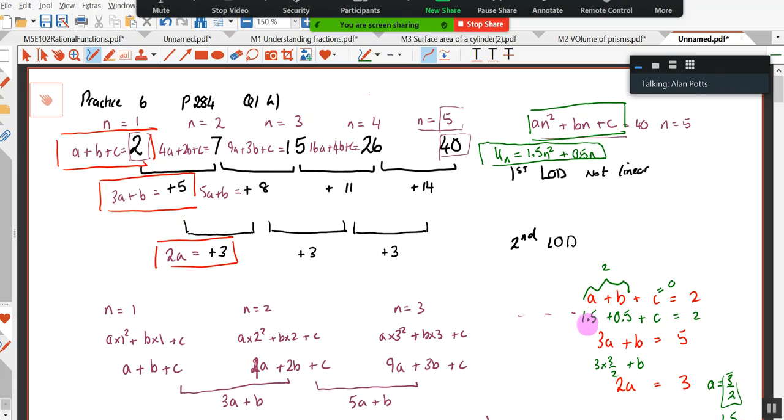Well, what's 1.5 plus 0.5? 2. So 2 plus something makes 2. So what must the something be? Yeah, 2 plus 0 has to equal 2. So I know the c has to be the 0.